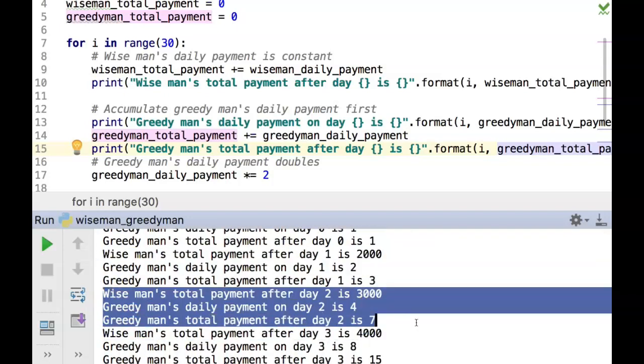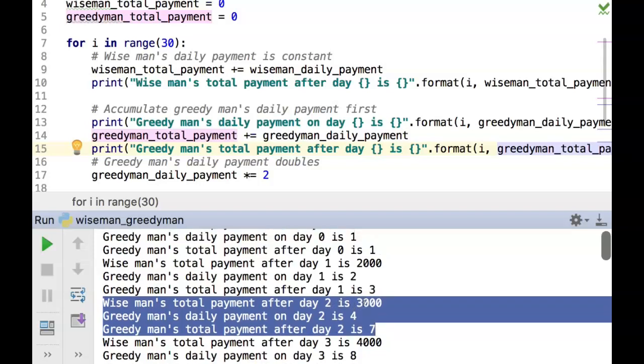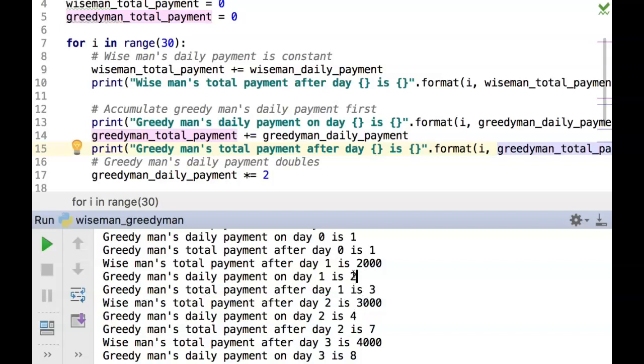And you can continue with this. On day 2, the wise man's total is 3,000 because it's been 3 days. The greedy man's daily payment is 4, which is double of 2, and the total is 1 plus 2 plus 4, which is 7. So you can keep going like this.